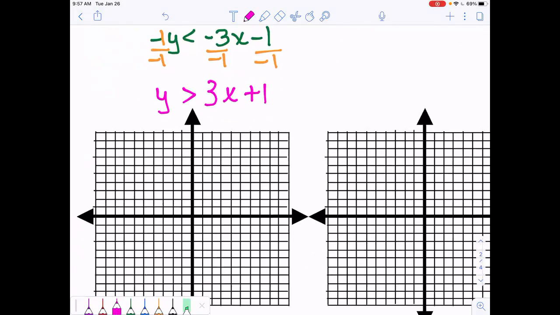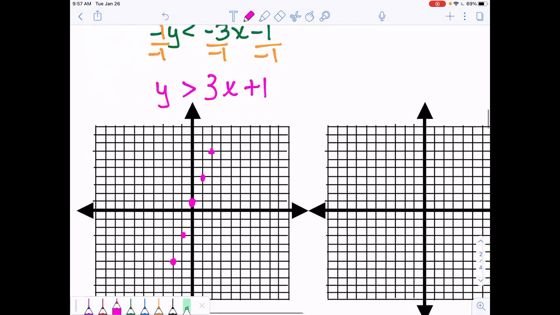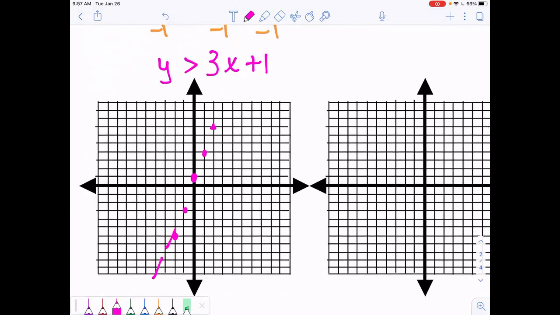So I would plot a point at 1, move up 3, over 1, down 3, backwards 1. It says greater than, dashed line. 1 line, greater than, go to a point and go above the point, and then that whole area you're shading. Those should be hopefully a little easier than what we've been working on.